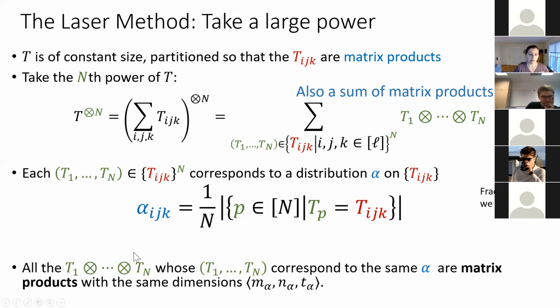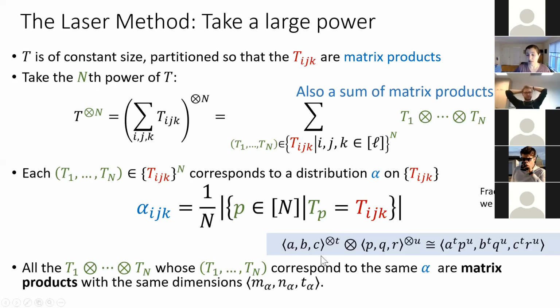And if you look at the set of these n tuples over here that correspond to the same distribution, they're actually matrix products of the same dimension. Because if you take the a, b, c matrix multiplication to the t-th power and multiply it by the p, q, r to the u-th power, no matter how you interleave these, you will still get an isomorphic tensor.